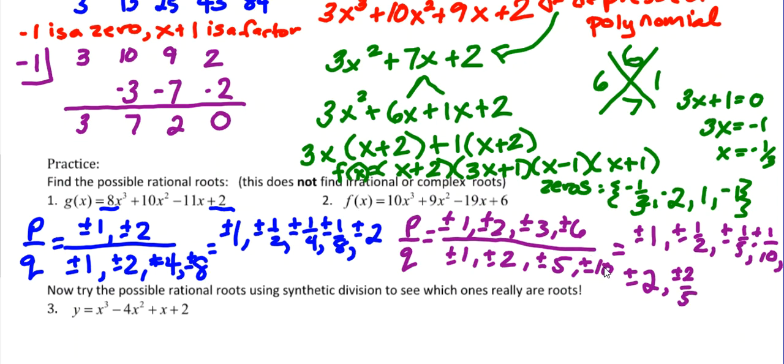And then 2 over 10 is 1/5, which we already have covered. So now I'm going to go into the 3. 3 over 1, 3 over 2, 3 over 5 and 3 over 10. Those are all new numbers.